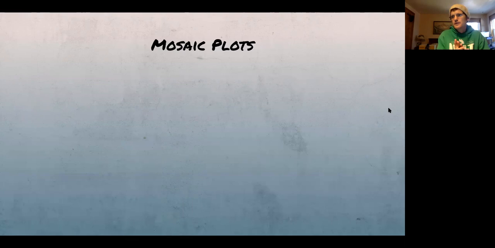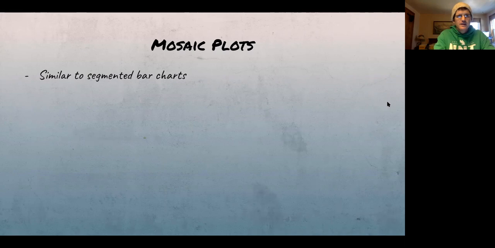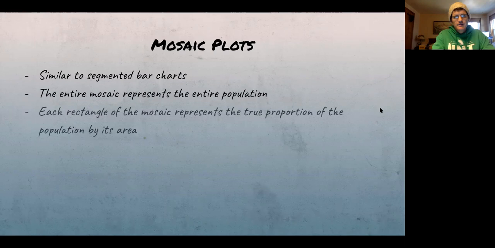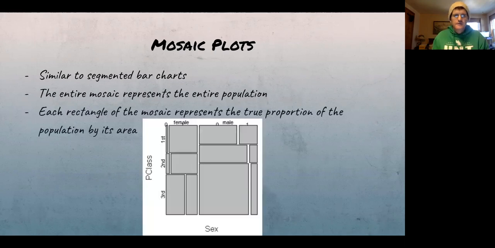This is the fun one, Mosaic Plots. And part of your homework tonight is to read more about Mosaic Plots. I will tell you, I will not ever make you create one, but it's actually a more useful segmented bar chart. Let's look at it all before we try and work through it.